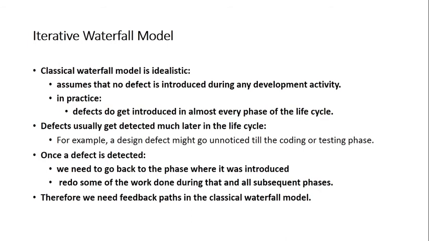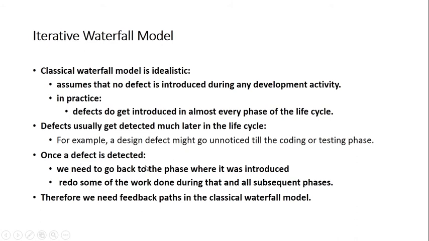It may be due to an error generated in the previous phases, like requirements. Maybe we identified the wrong requirement, and that wrong requirement was designed and coded, and ultimately we got it in the testing phase. Or maybe the error might have been introduced in the designing, or in the coding phase also, right? So we have to detect these errors, right?